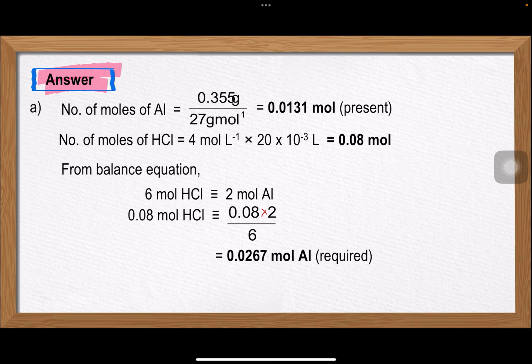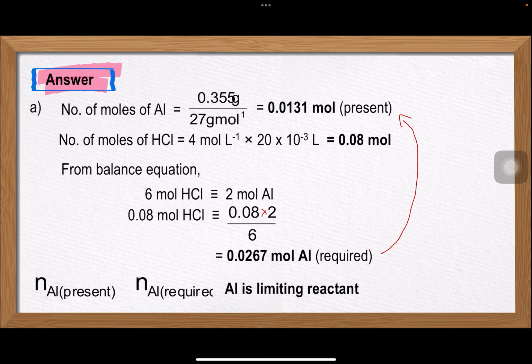So we can compare the required with the available one: 0.02 and 0.01. 0.02 is more than 0.01 present. That's why we can conclude directly that aluminium is the limiting reactant. Aluminium present is less than aluminium required, so Al is the limiting reactant.